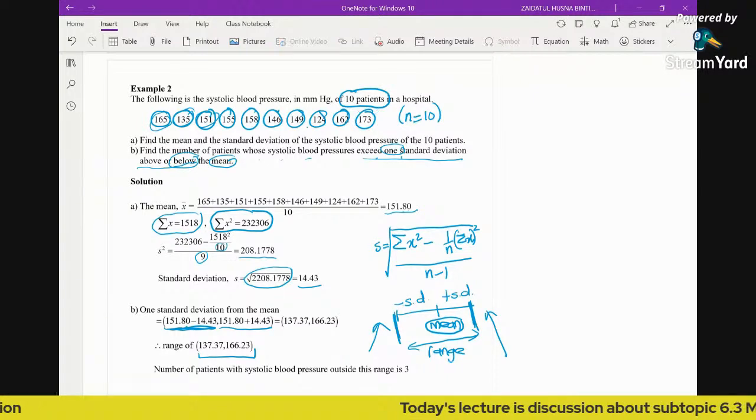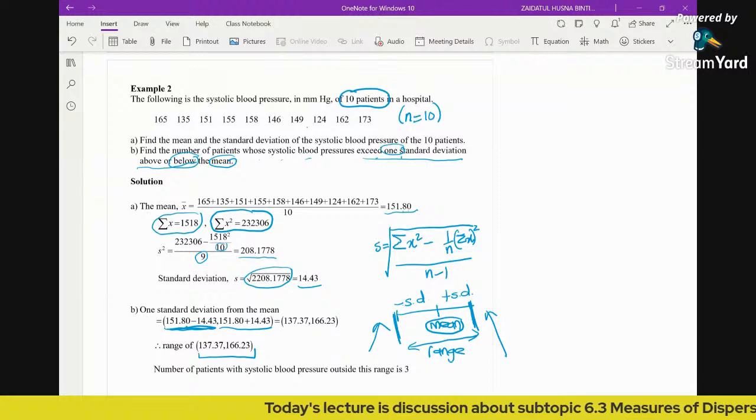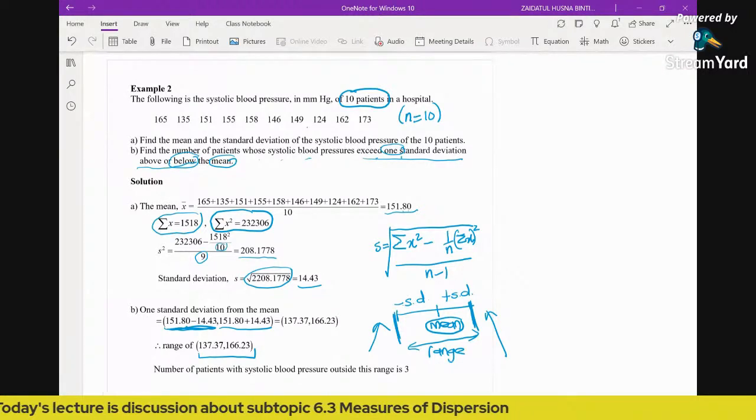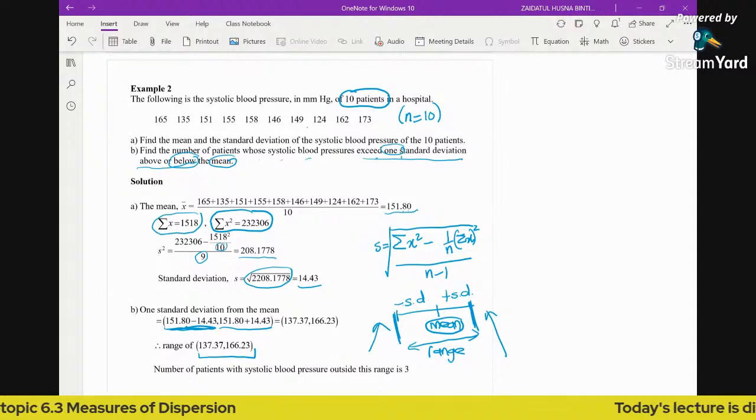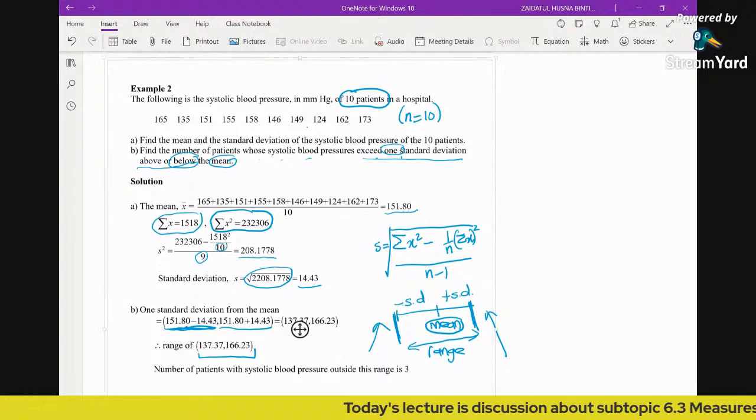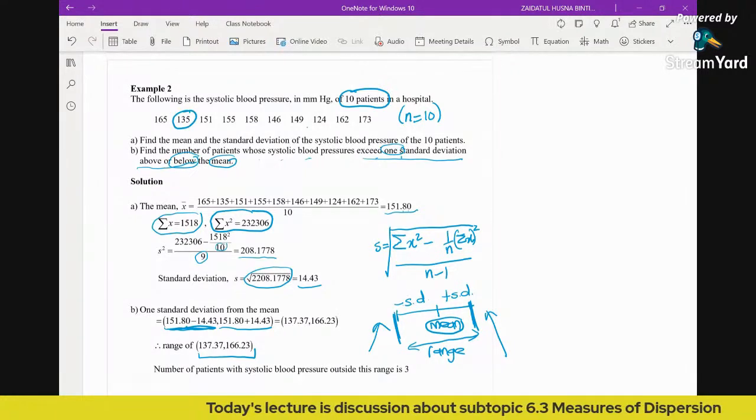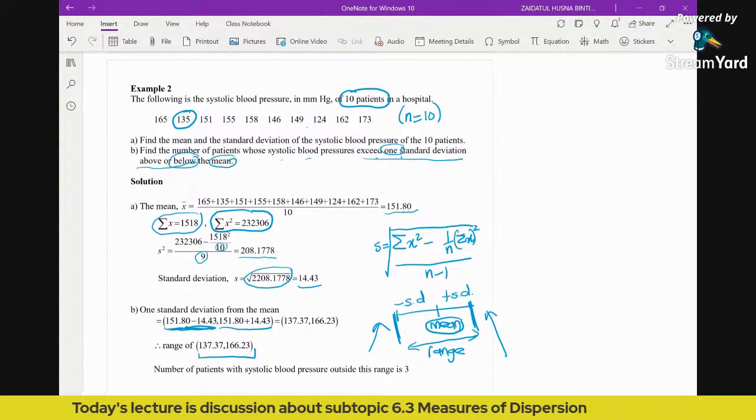Now by analyzing these readings, let us try to find if there is any reading located outside the range. You can see here the lowest is 137, right? So we can identify straight away that 135 is outside the range, because it's smaller than 137.